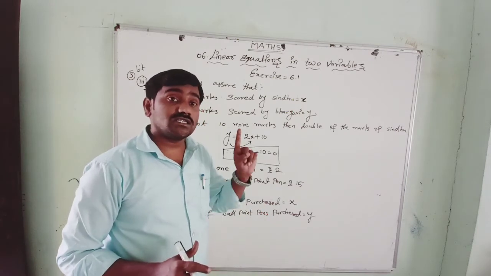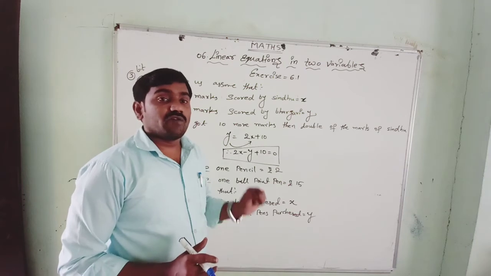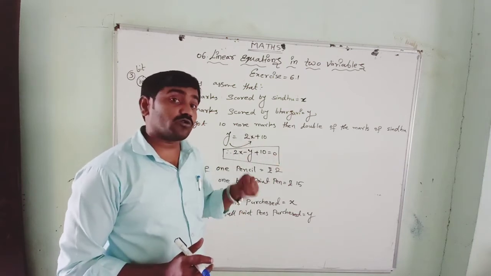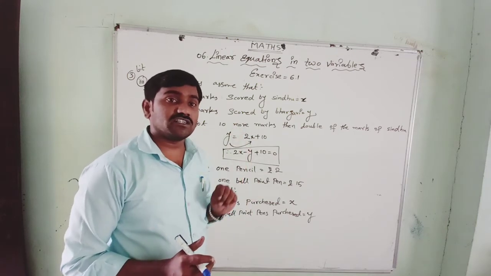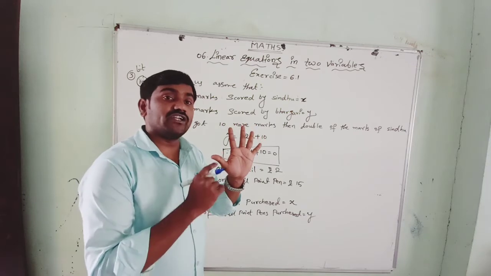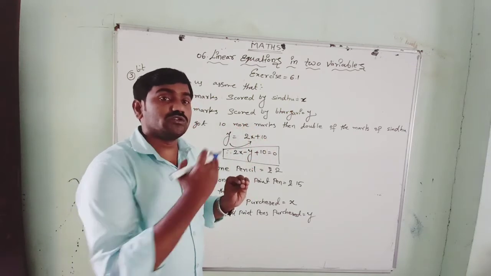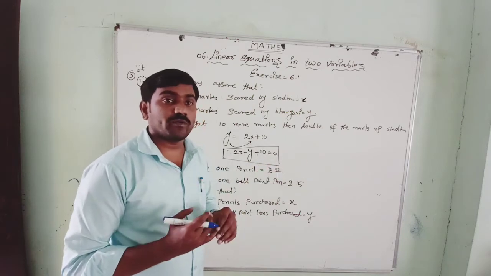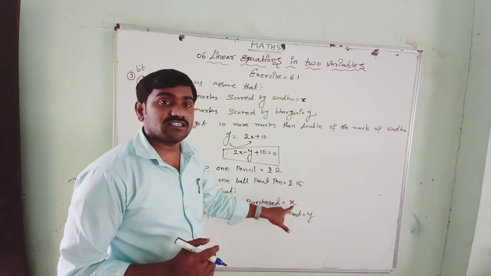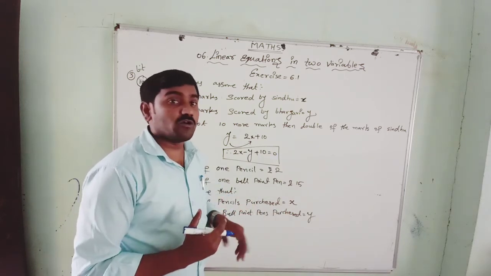Each pencil cost is 2 rupees. Each pen cost is 15 rupees. If one pencil she purchased, she has to pay 2 rupees. If 2 pencils, she has to pay 4 rupees. If 3 pencils, 6 rupees, 2 into 3. If 5 pencils, 5 into 2, 10. If 10 pencils, 2 into 10, 20 rupees she has to pay. If x pencils are purchased, how much amount she has to pay? 2x rupees.